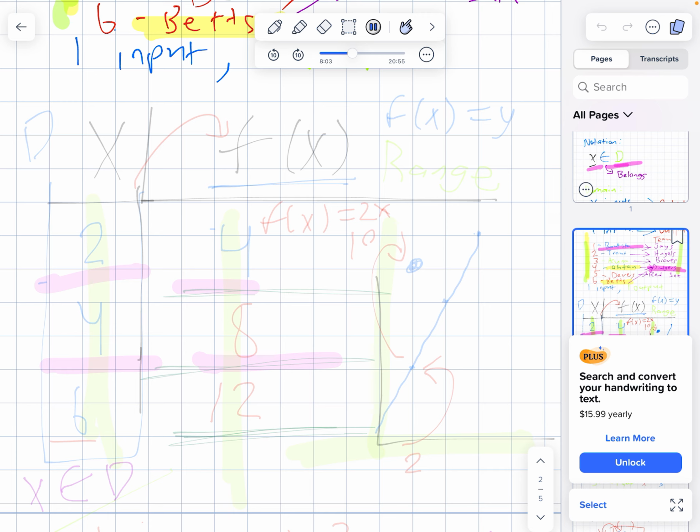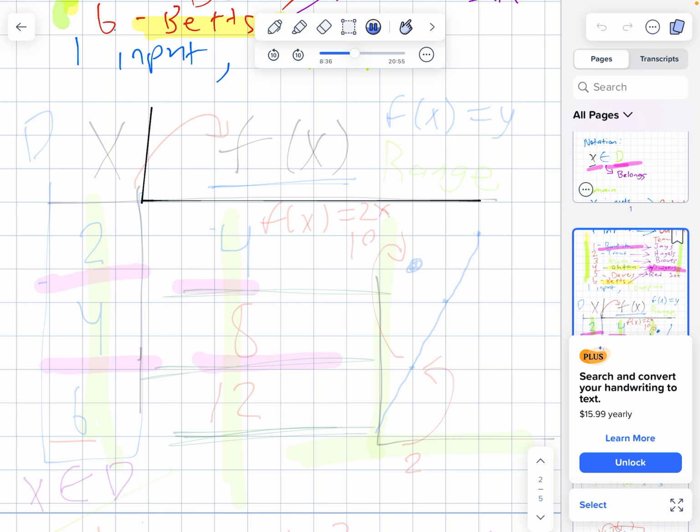Let's get a ruler, because it's always great practice to use a ruler here. Not the greatest ruler, but that's okay. Let's get rid of the ruler.